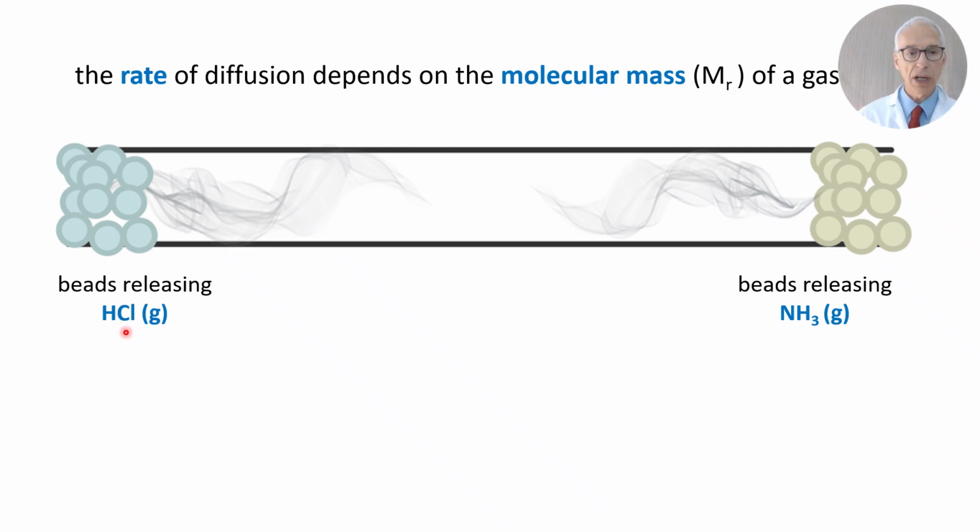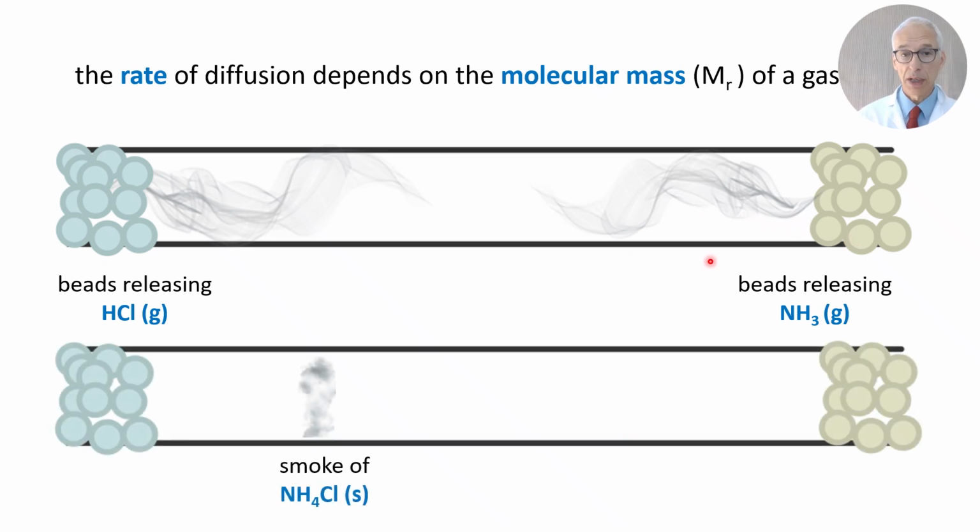If we have hydrogen chloride gas from some beads in a glass tube, forming a vapor, forming a gas, and then on the right-hand side, we've got ammonia in a similar situation being released from glass beads soaked in concentrated ammonia, forming a gas. Over time, a smoke of ammonium chloride is formed.